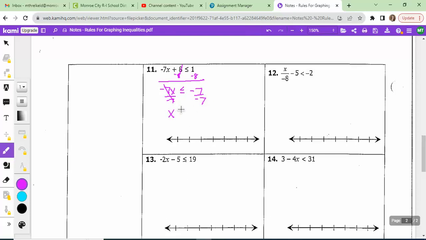So it was a less than, it becomes a greater than. We keep the equal to. So you just flip the direction of the inequality. Plot our numbers. Greater than or equal to 1, so equal to tells me a closed circle. And we want everything bigger.